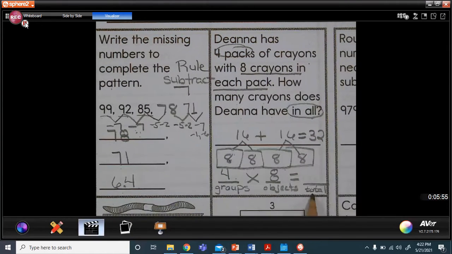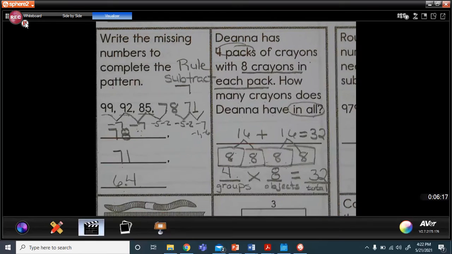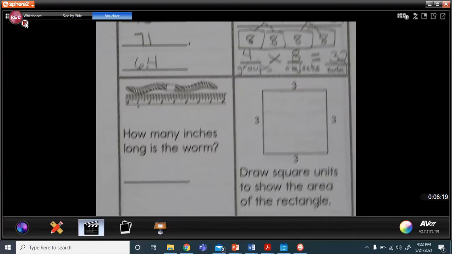Using repeated addition to find my total, 4 groups of 8 gives me a product of 32. The product is the answer to a multiplication sentence. So factor, factor, product.